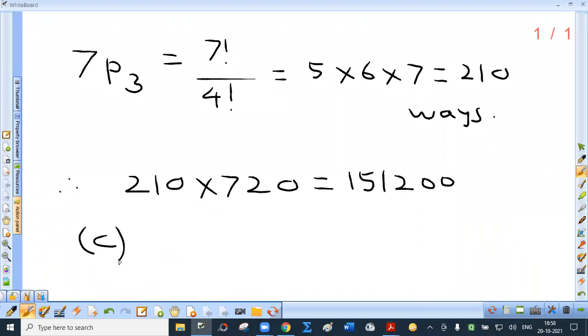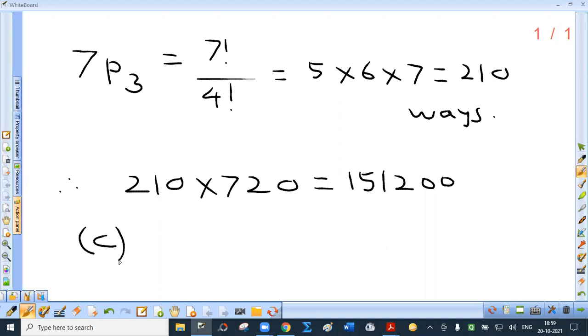And consonants are 6. See, the meaning is, if it is an even position, it must be occupied by a consonant. So 2 consonants will be at odd places because the number of consonants is 6 and the number of even positions is 4. Okay.